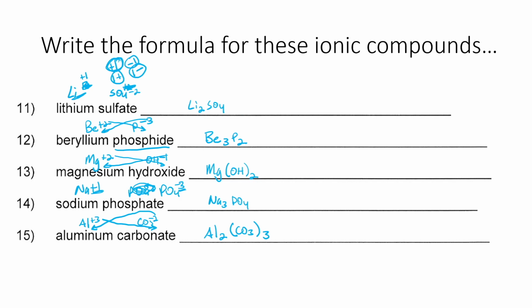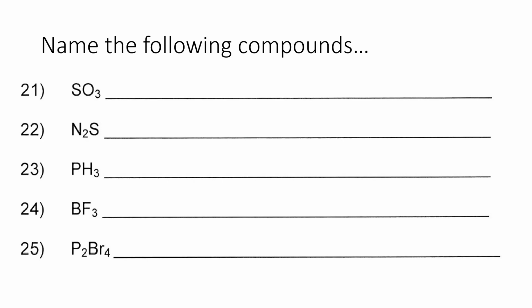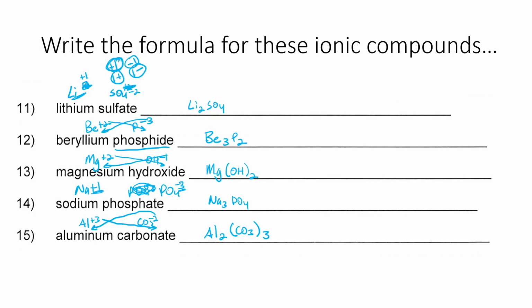I'm just going to do a few more examples here to help you with the naming and stuff, just because we weren't able to get that far. So let's do some non-metals with non-metals. And by the way, if you didn't already know this, I think I said it in class, but remember that whenever you have a metal with a non-metal, we call that an ionic compound.